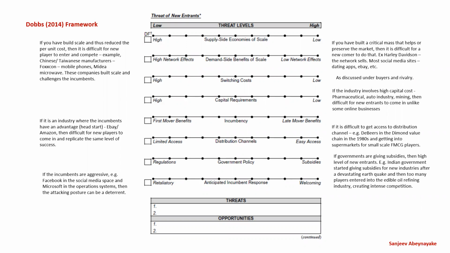So the first one is supply side economies of scale. What we mean by supply side economies of scale is that if in an industry, the current players have built an enormous amount of capacity, then they are under pressure to use that capacity. And therefore, you have massive capacities and it acts as a deterrent for somebody new to enter because those existing companies will be using their capacities and gaining economies of scale.